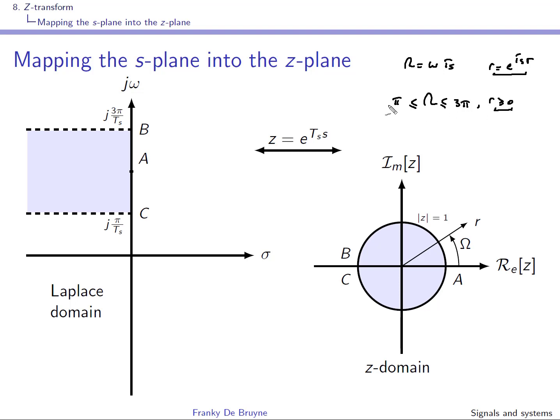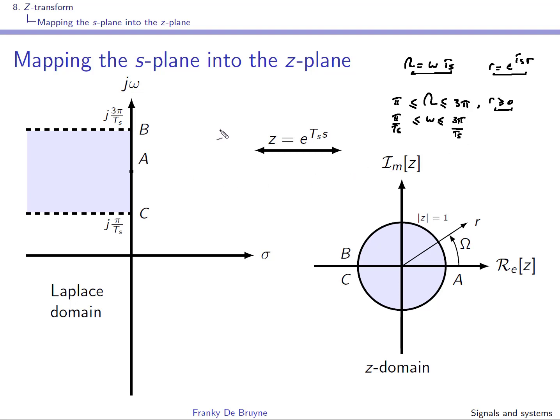So what are the equivalent analog frequencies? You have to take this relation and divide by Ts, and you see that the analog frequencies are in the range pi over Ts to 3 pi over Ts, and we consider all values of sigma.